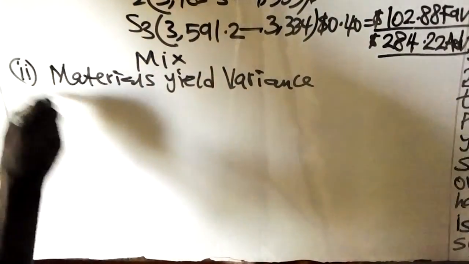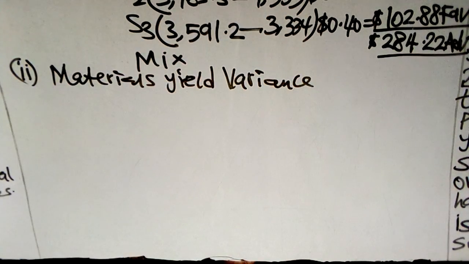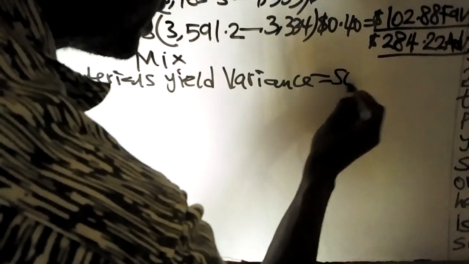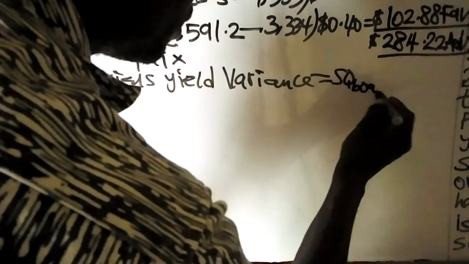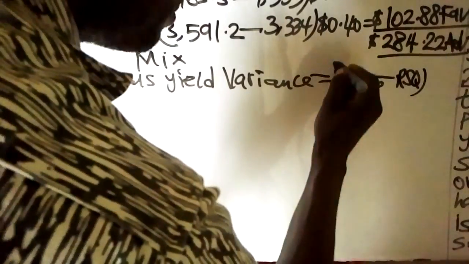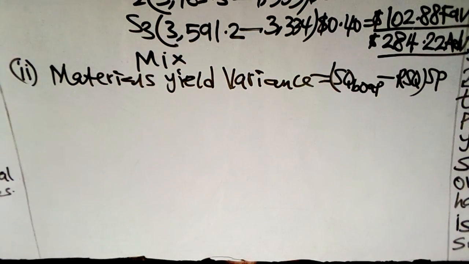Material yield variance, I said it is equal to the standard quantity based on actual production minus the revised standard quantity multiplied by the standard price.